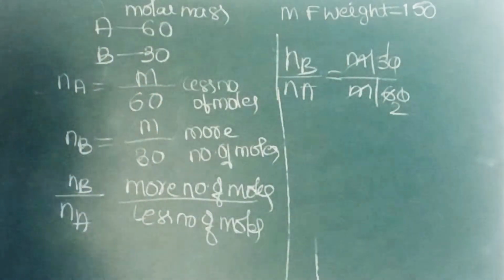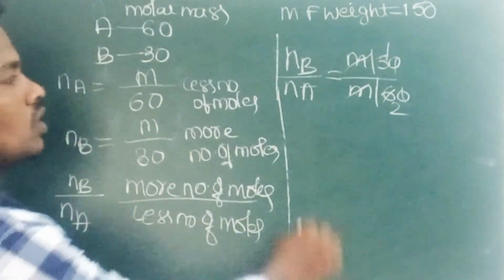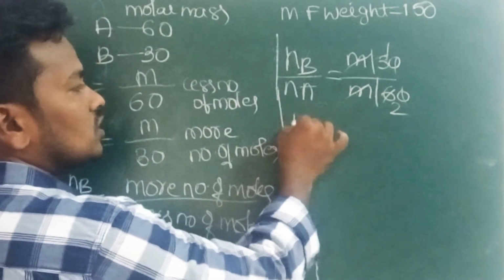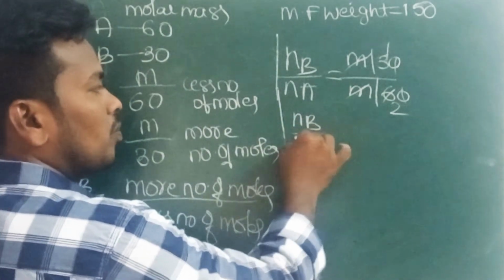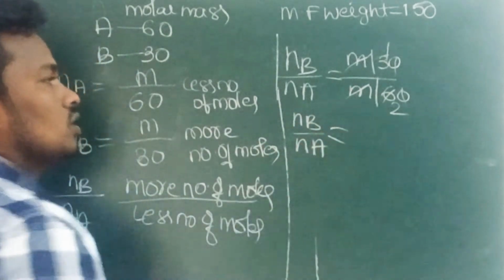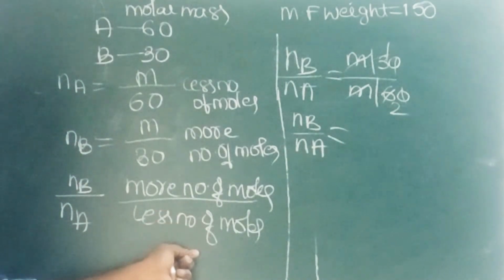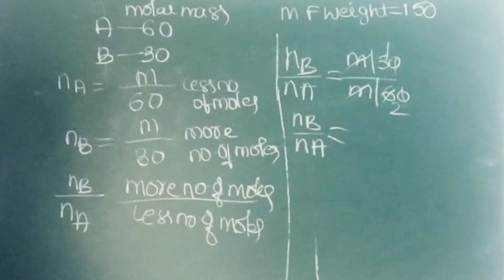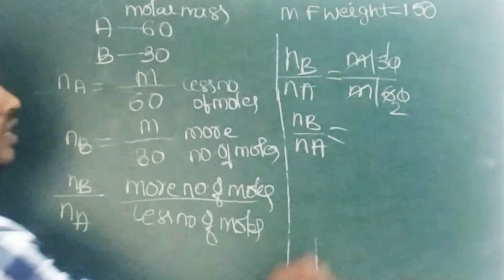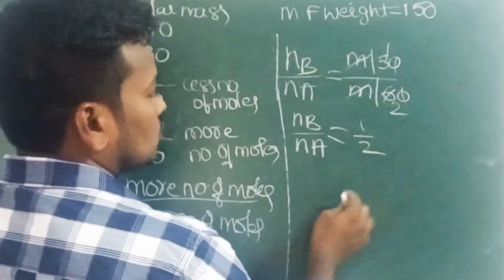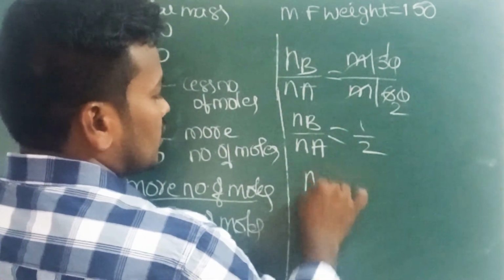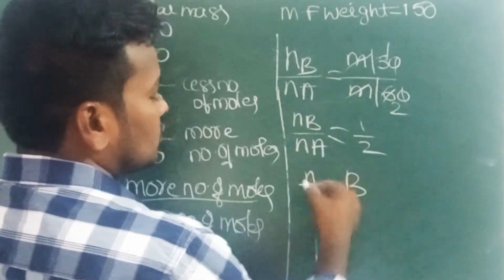So Nb by Na is presented like a 1:2 ratio. So A is 2 moles, B is 1 mole.